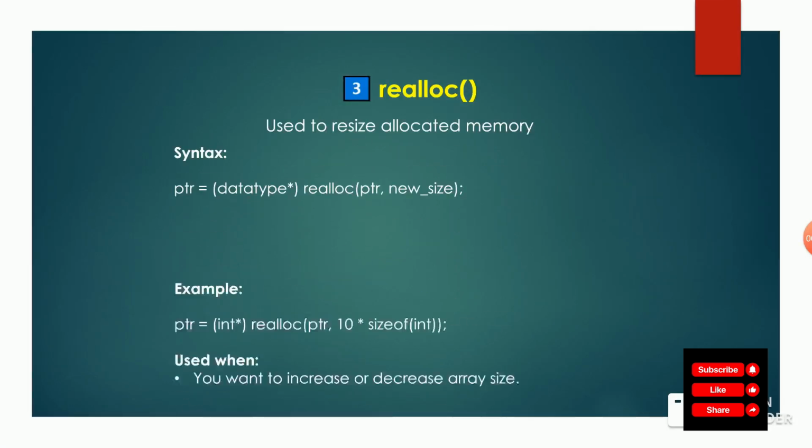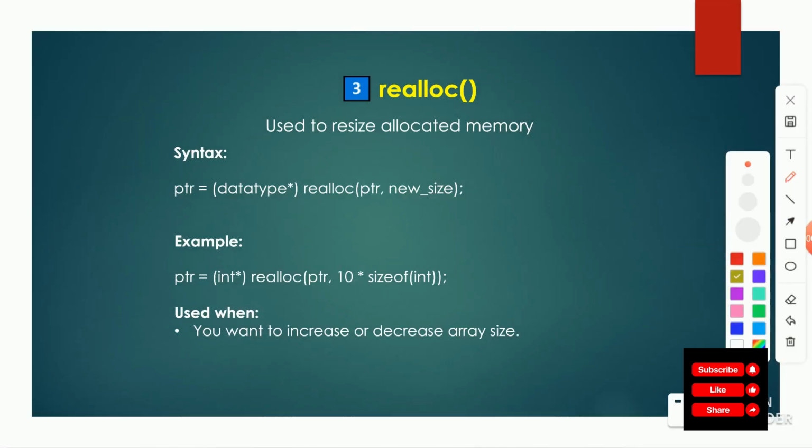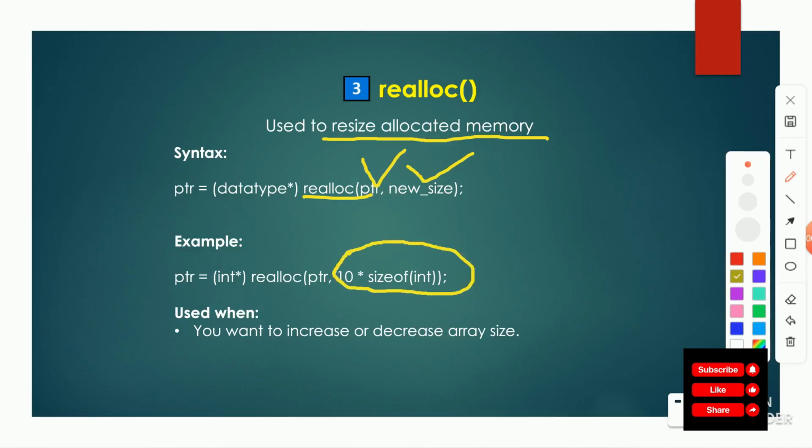The third one is realloc, used to resize the allocated memory. Whenever we want to resize the allocated memory, we need to use this predefined function, right? The syntax is data type, realloc, ptr and new size. So reallocate with whatever new size we define here.